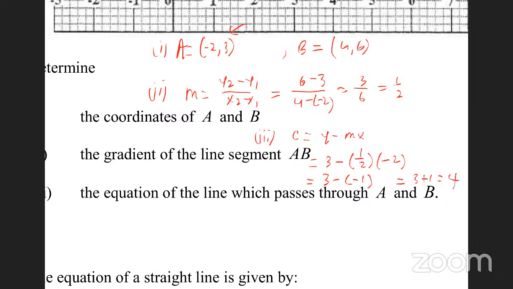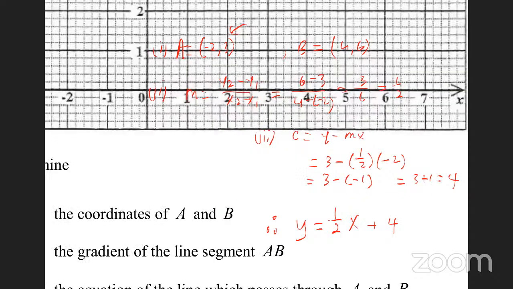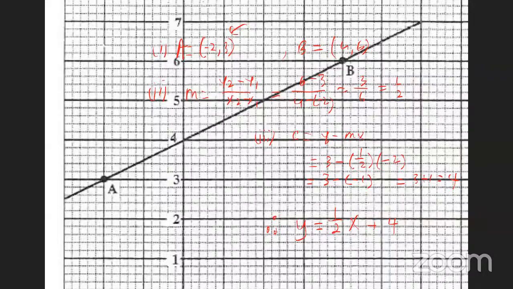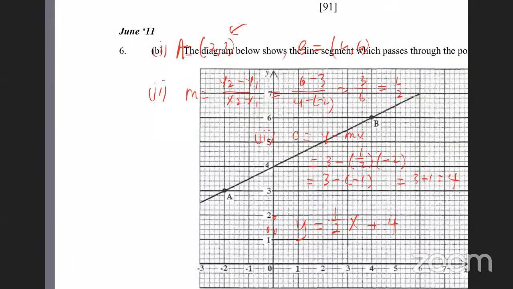I got 4. Anybody else get 4? So therefore, the equation is y equals the gradient by x plus 4. You should be able to see the y-intercept here as well. You see it there? The line passing through 4. Copy it down. Let's do one more easy one.